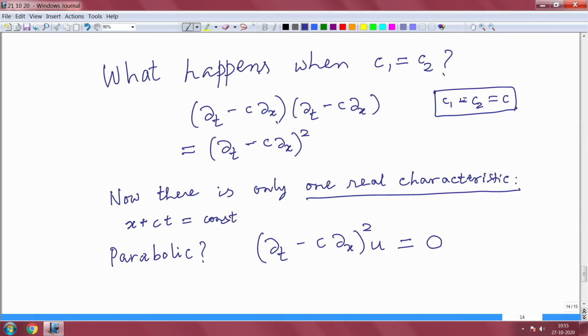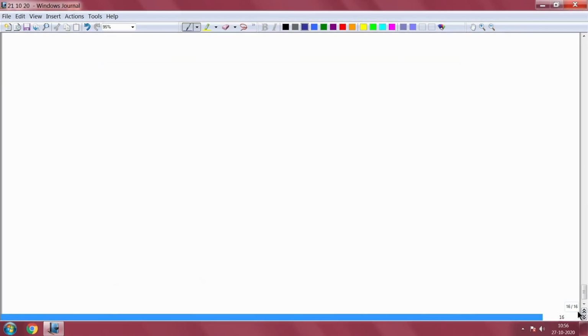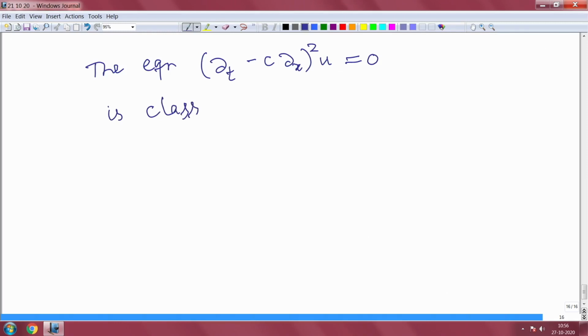There is only one real characteristic, but this should not be called parabolic. So, the equation (del t minus c del x) square u equal to 0 is classified as weakly hyperbolic.